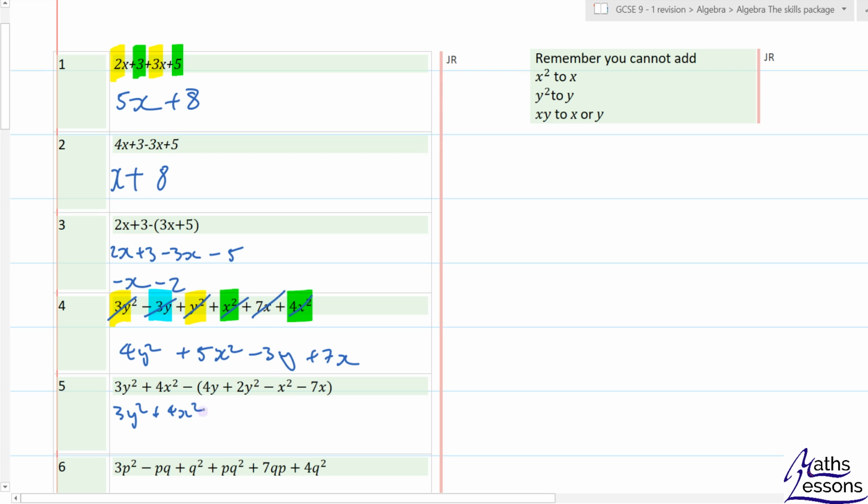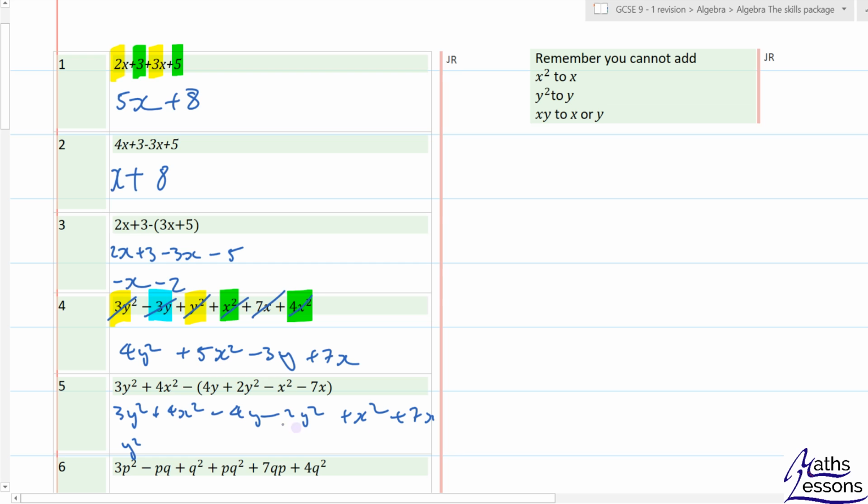Squared minus 5 minus 2 squared plus x squared, 7x minus 7x. So y squared minus 2y squared is minus y squared.